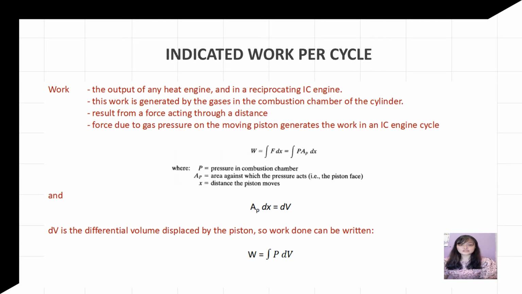As shown is the formula, where W is equal to the integration of P A dx, where P is the pressure in the combustion chamber, A is the area against which the pressure acts, and x is the distance the piston moves. And as A dx is equal to dV, where dV is the differential volume displaced by the piston, work done can be written as W equal to the integration of P dV.